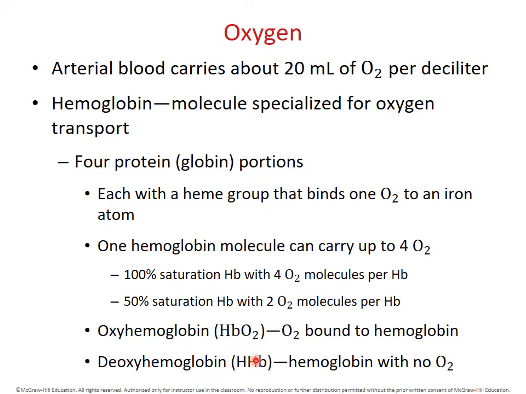Where does this extra H come from? As we'll see when we talk about carbon dioxide transport, deoxyhemoglobin can function as a buffer, and it's very good at picking up hydrogen ions. So the HHb refers not to the fact that it doesn't have oxygen on it, but it reminds us that deoxyhemoglobin actually functions as a pH buffer because it can pick up excess hydrogen ions, which of course determine the pH of an environment.